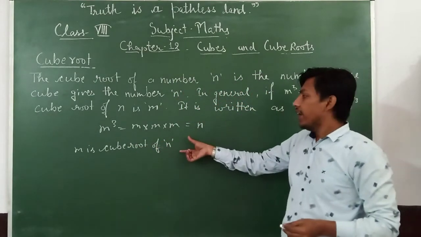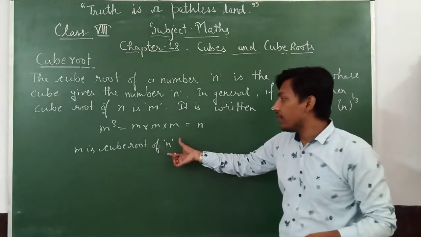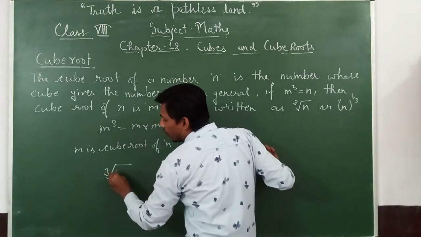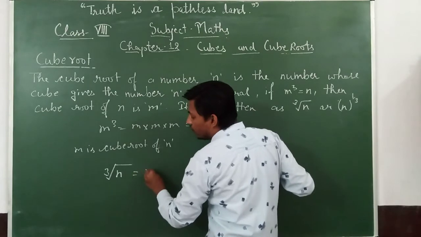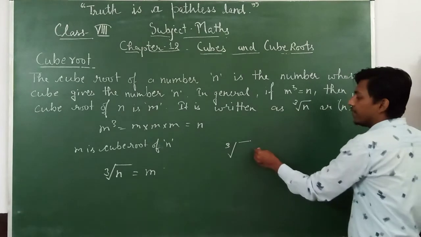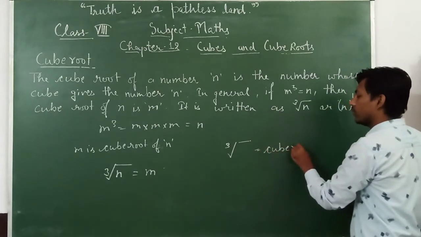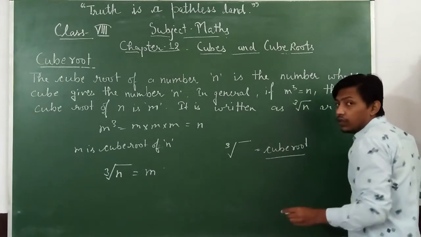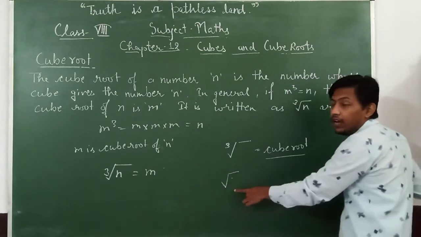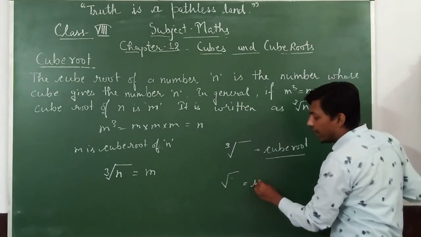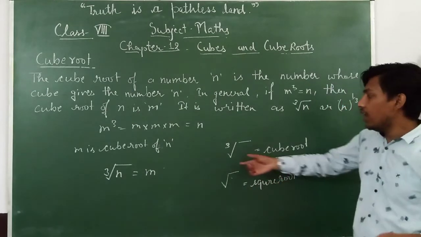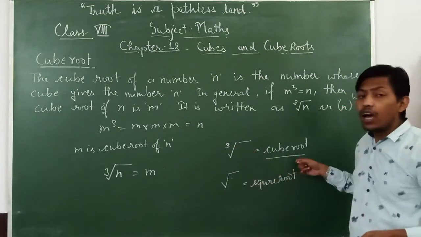How can we show it in symbolic form? We can show the cube root of n as cube root n equals m. This symbol represents the cube root. Don't get confused: the symbol without any number represents the square root, and the symbol with the number 3 represents the cube root.